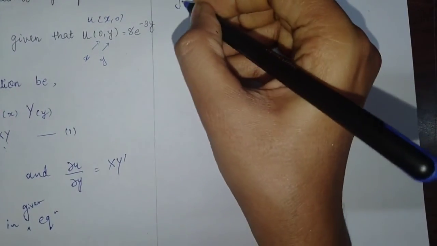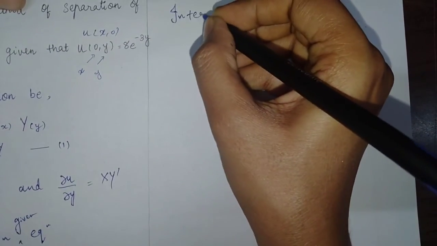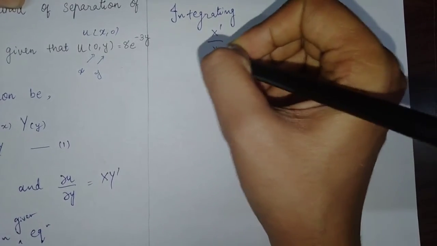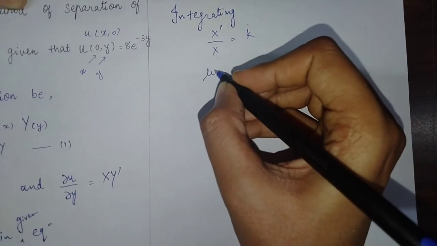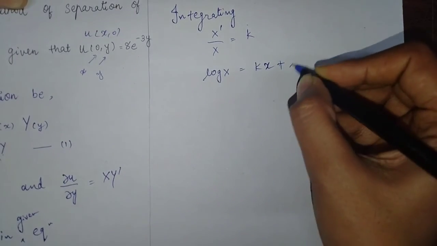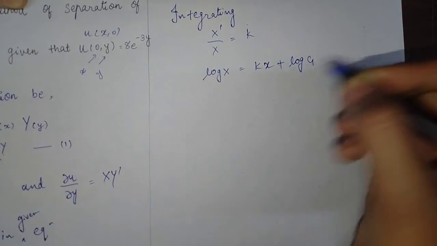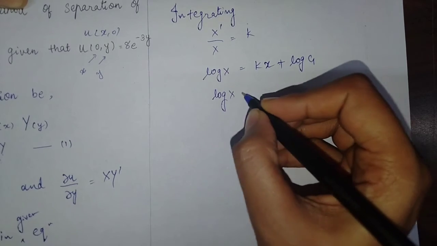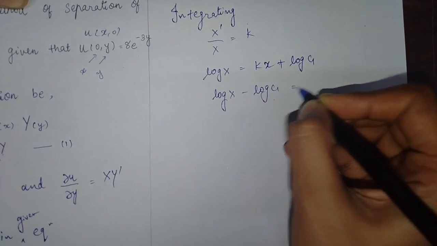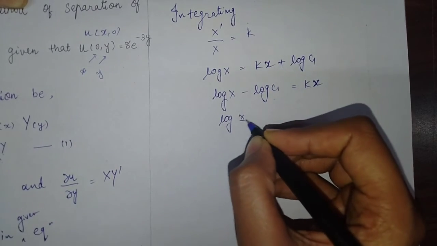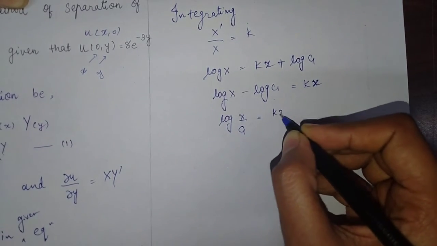So, integrating. First of all we will integrate this term, then it will be log X equal to kx plus log c1. So if I take this term here, then I can write it like this: log X by c1 equal to kx.